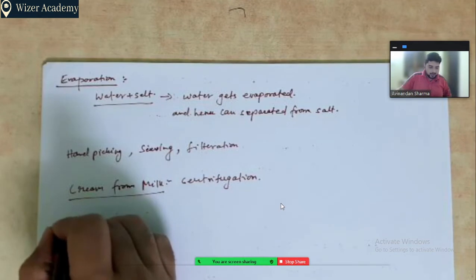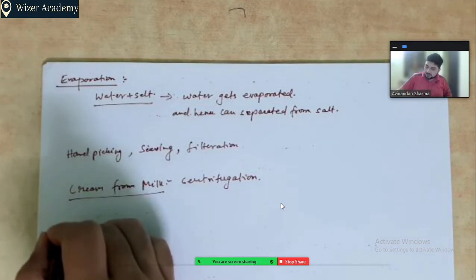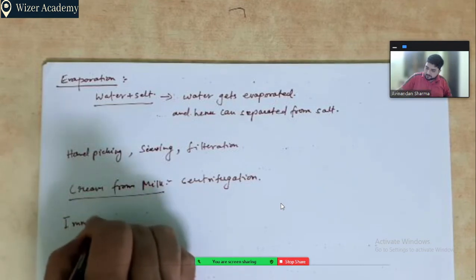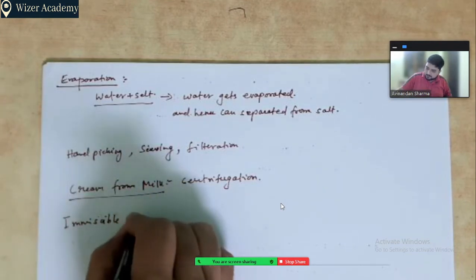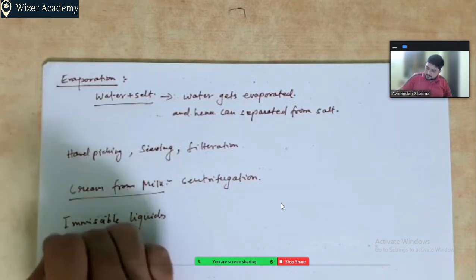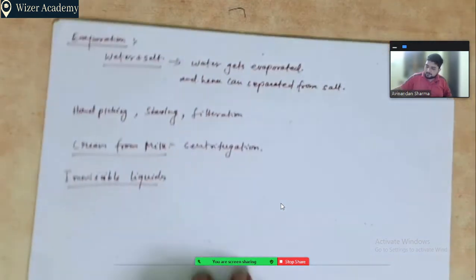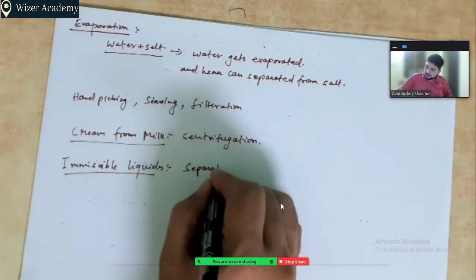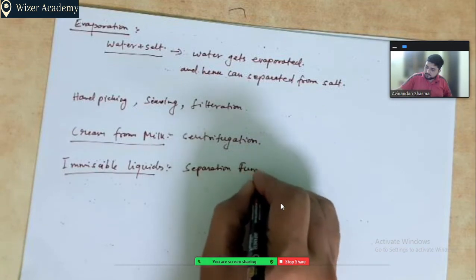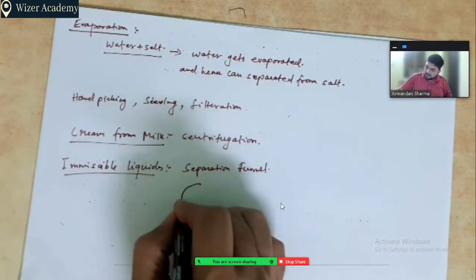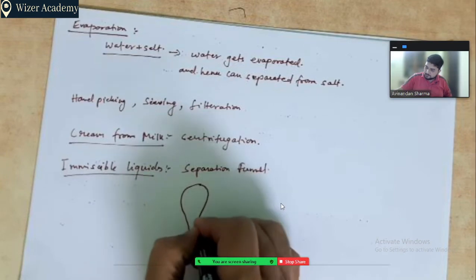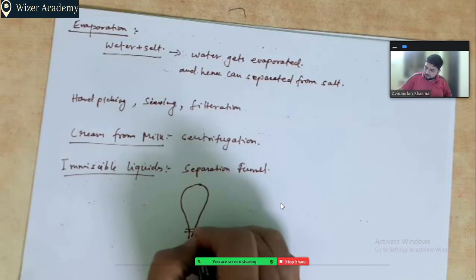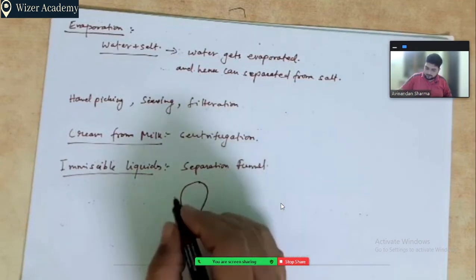Next is, how can we separate a mixture of two immiscible liquids? It can be separated with the help of a separating funnel. There is a funnel, you can see it.